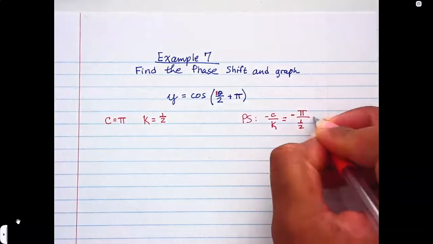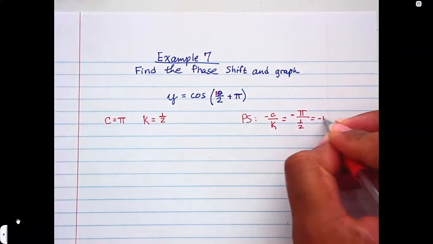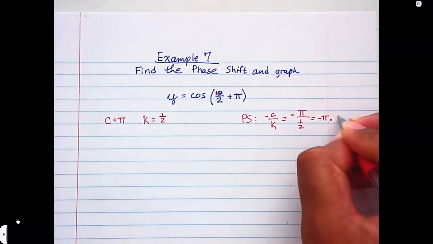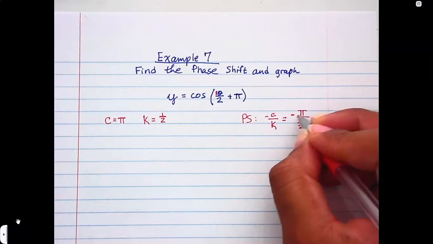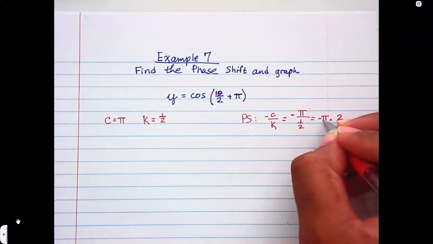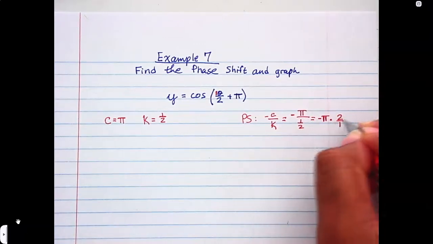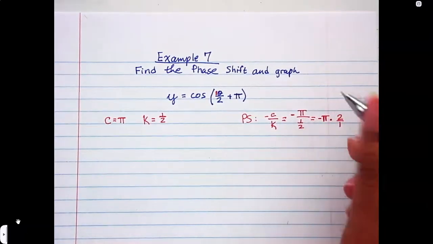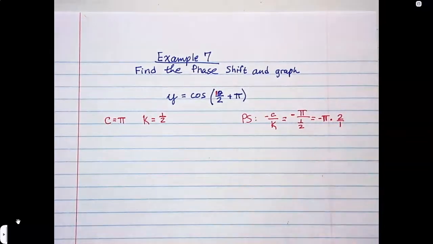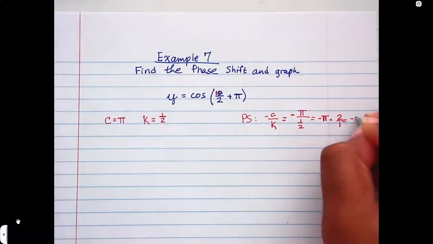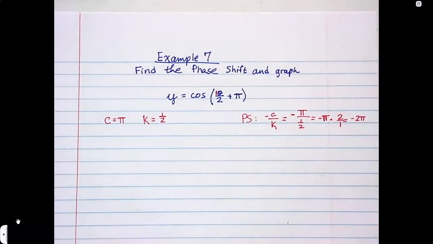1/2. We're going to do keep, change, flip. So we kept the pi, made it negative, kept the pi, and then multiplied by the reciprocal, which is 1 over 2, flipped is 2 over 1. All right, and then we get negative 2 pi for our phase shift.